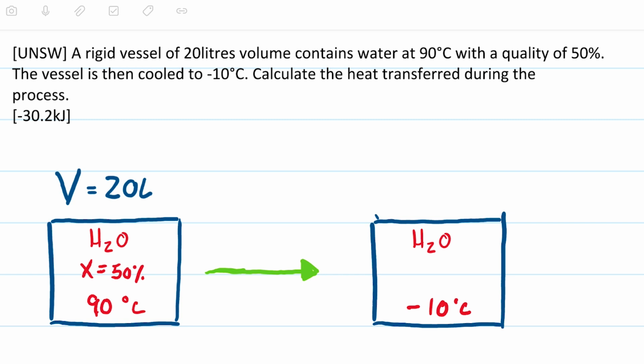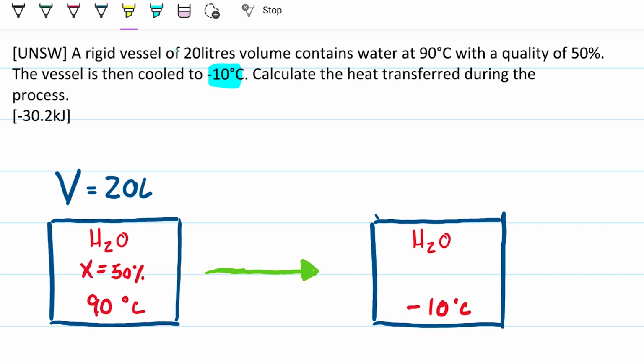So this is, first class, a normal problem. We have two states. We need to find information for the second state to be able to find the heat being transferred. But minus 10 degrees Celsius is going to be slightly different because at that point our water is not liquid anymore.